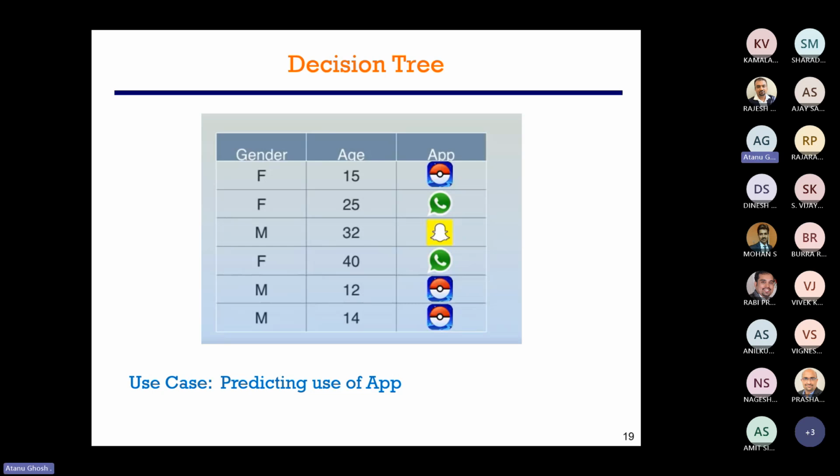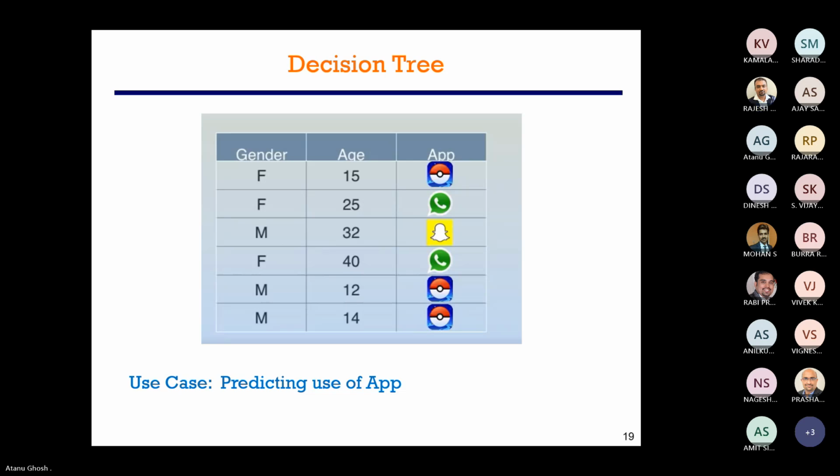Since the other part is not sorted, on the other part I apply the other feature, which is gender. So if age is greater than 20 and gender is female, or age is greater than 20 and gender is male, can I say with confidence what app they're going to use?